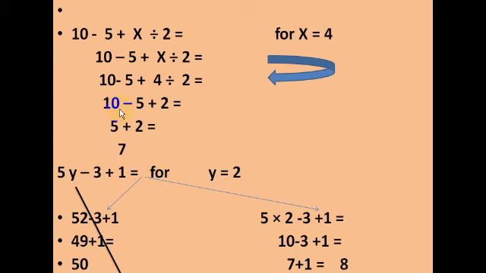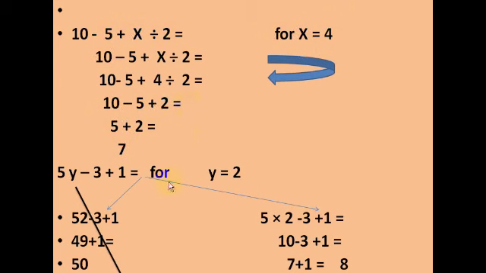We have to start from left to right. It's 10 minus 5, 5 plus 2, and the answer will be 7. That's how we solve an algebraic expression or literal expression when we have a letter. But again, we have to take the value of this letter and put it in the expression.